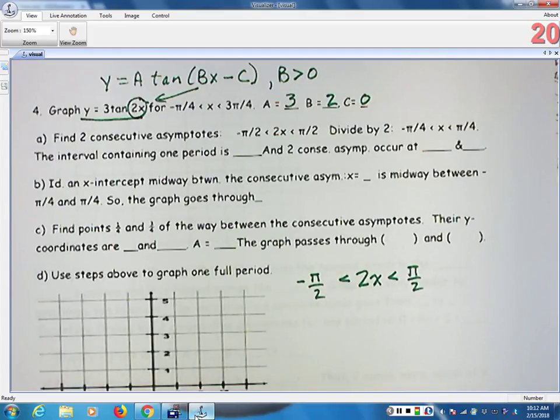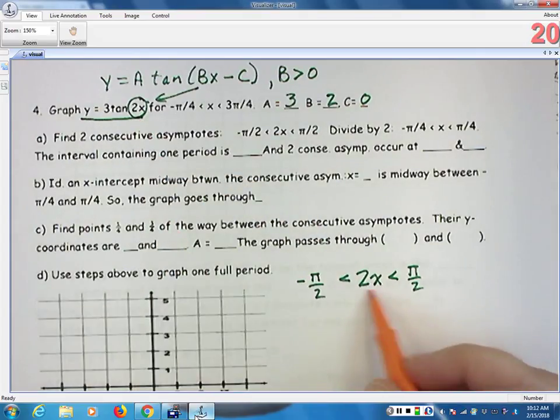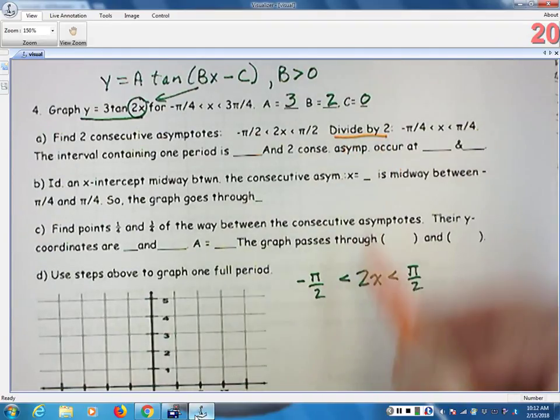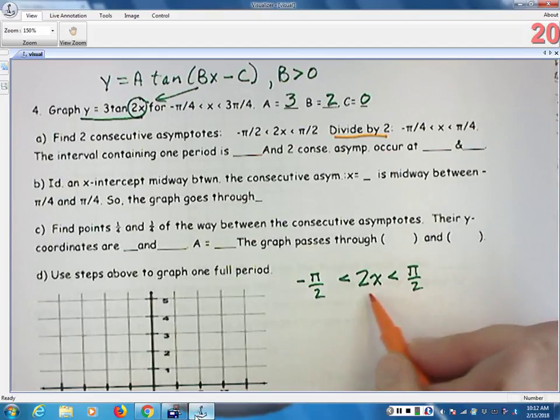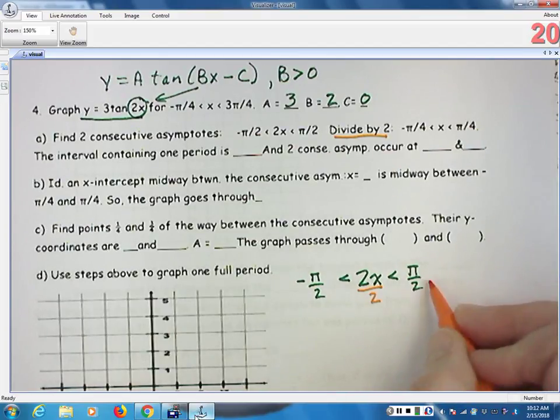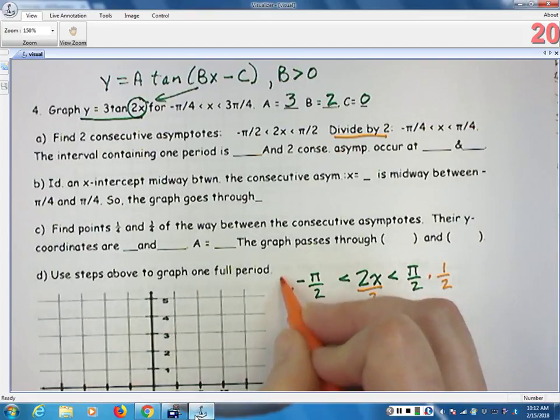Now, with this one, with it being 2x inside of it, we need to put 2x there, and we're going to solve for x. We can do that simultaneously by dividing by 2, and when you divide by a positive number, we can divide by 2 by multiplying by a half.